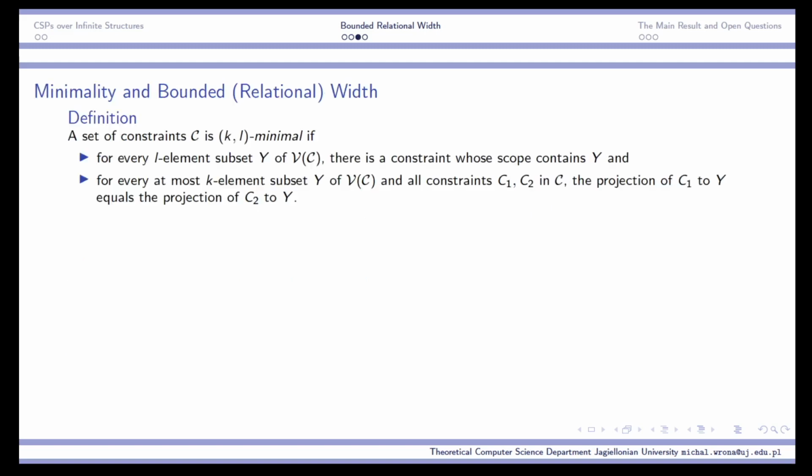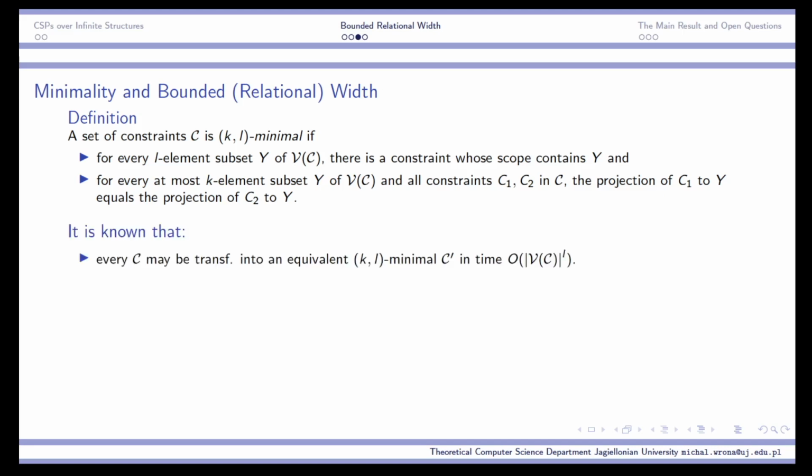Of course, we can replace 2, 3 with any k, l such that k is less than or equal to l and establish (k,l)-minimality. So we obtain an equivalent instance such that for every l-element subset of variables there is a constraint whose scope contains the subset, and we remove tuples so that the projections to k-element subsets agree.